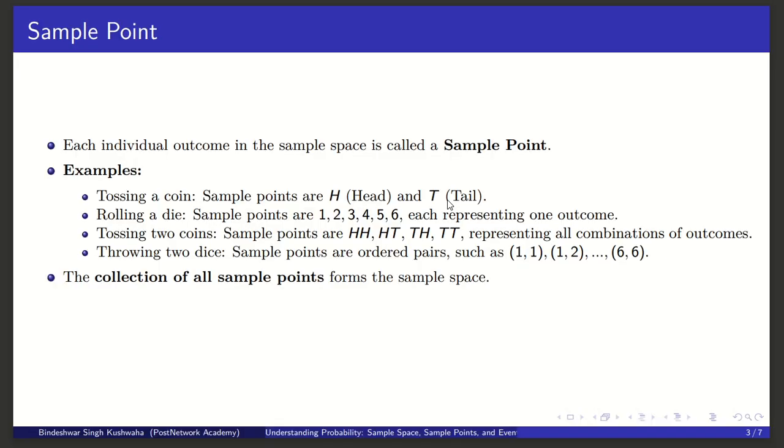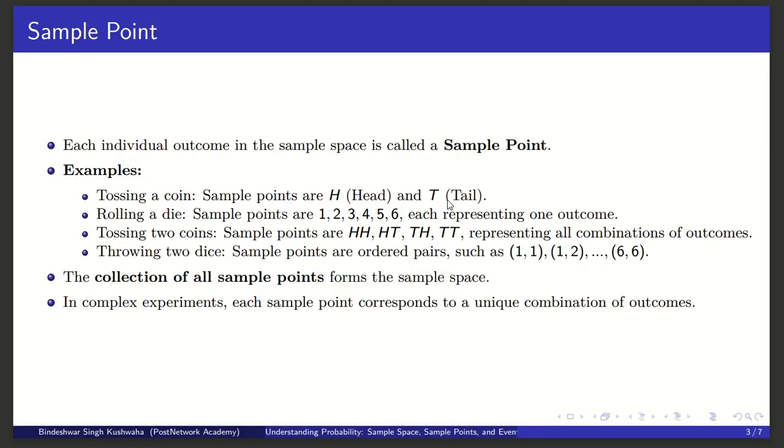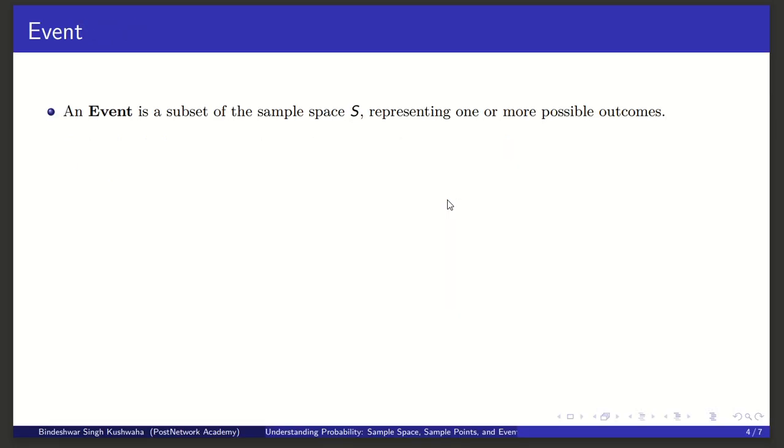The collection of all sample points forms the sample space. So if you collect them and write in set style, that would be the sample space. We have already discussed that in a complex experiment, each sample point corresponds to a unique combination of outcomes.